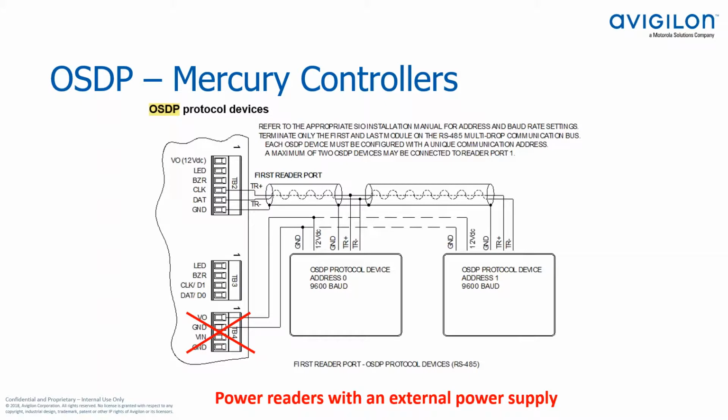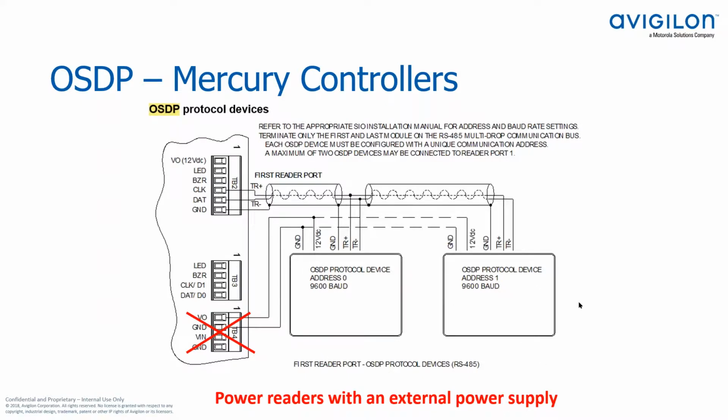The problem is there are two readers being wired here, in this design looks like a Mercury 1501 controller, or for that matter any of those Mercury controllers, and it will not have enough power to power multiple readers.